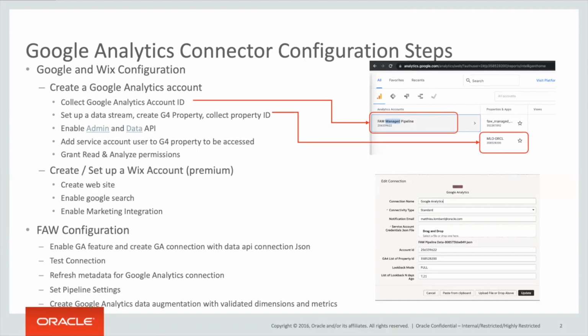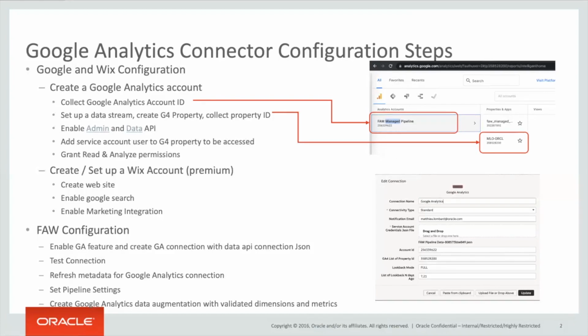So here, we're going to walk you through how to create a Google Analytics account and, most importantly, collect the account ID. That's the ID we're seeing right below the account name. That's going to be used as the account ID when defining later on the Google Analytics connection in Fusion Analytics.